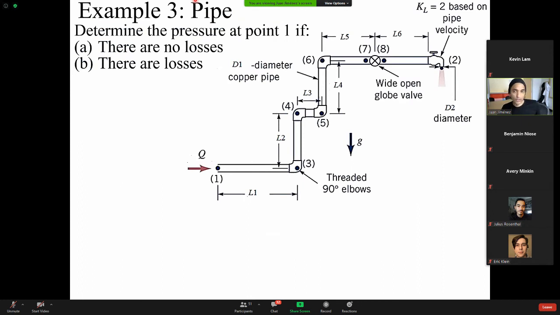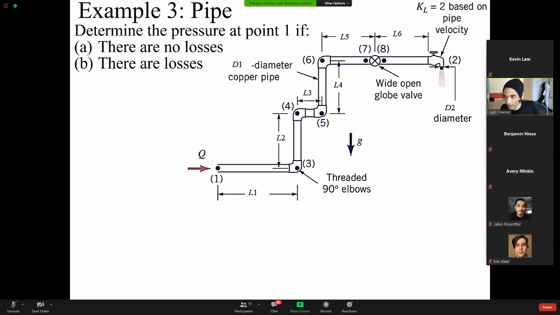All right, so let's go through this example. Let's say we have a pipe and you want to determine the pressure at point 1. So you have your point 1 right here. First we're going to look at the problem if there are no losses, and then the second problem if there are losses. So flow going from left to right, making all these turns and then coming out over here.